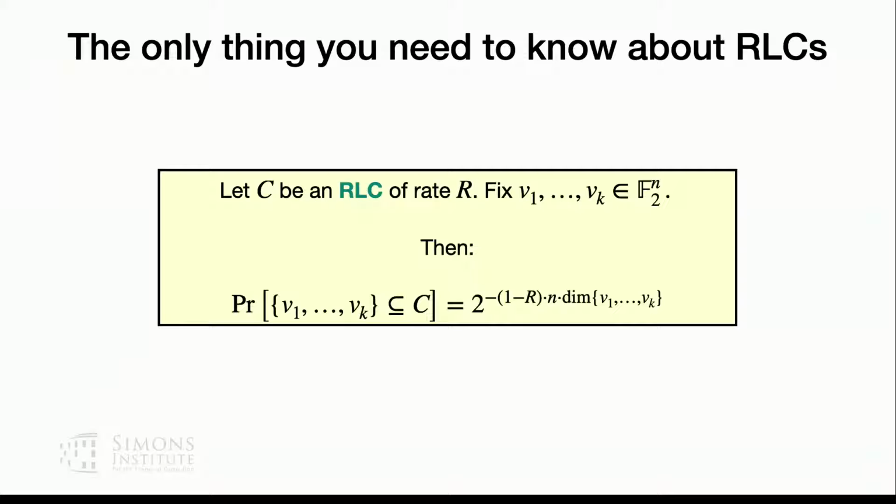So the probability of containing a set is again 2 to the minus (1 minus r) n, which is just a factor that depends on the rate of the code, times the dimension of the set spanned by v1 to vk. And this is really the only thing you need; all the properties of random linear codes that we're going to talk about come from this observation.